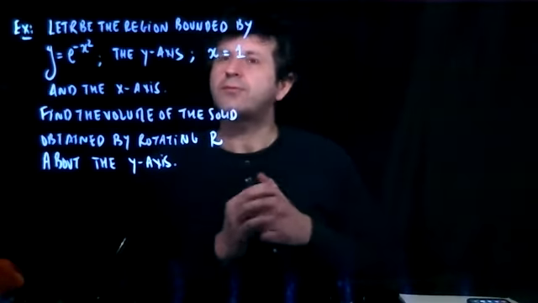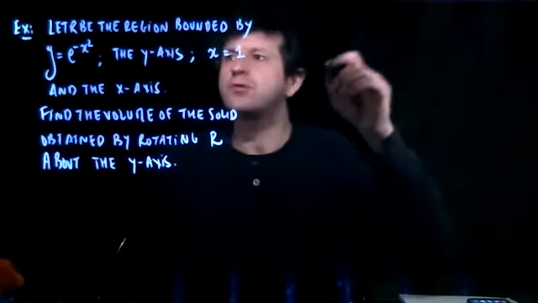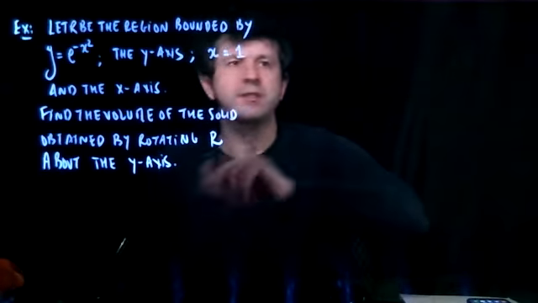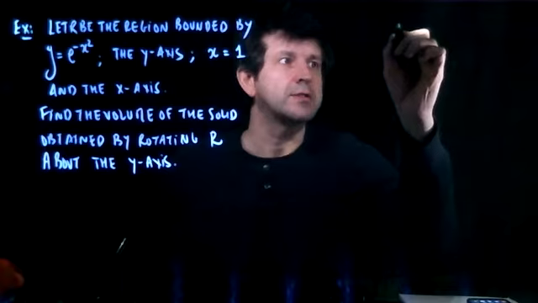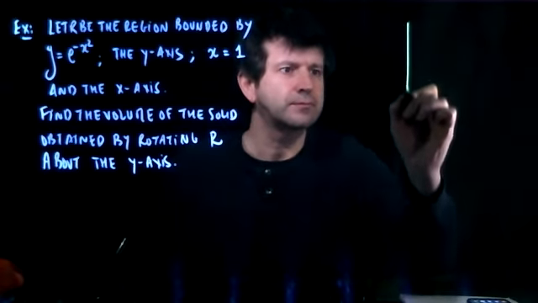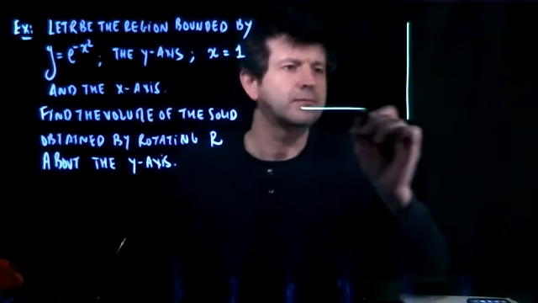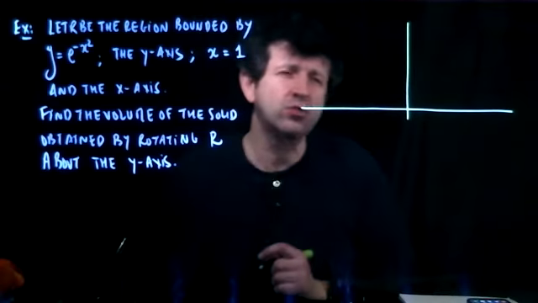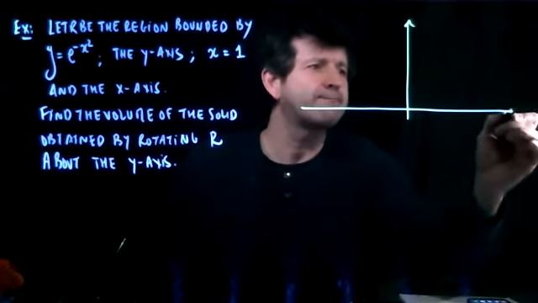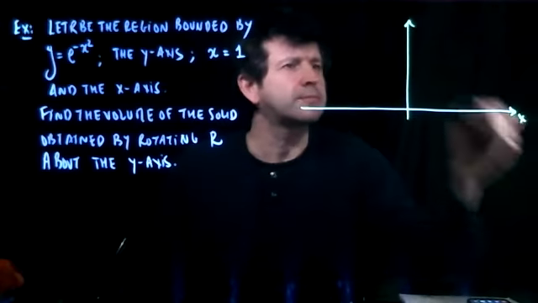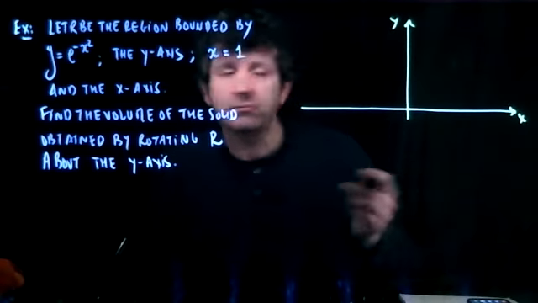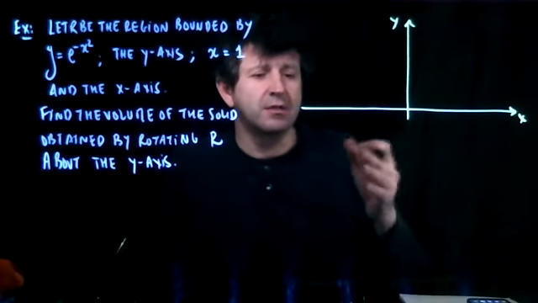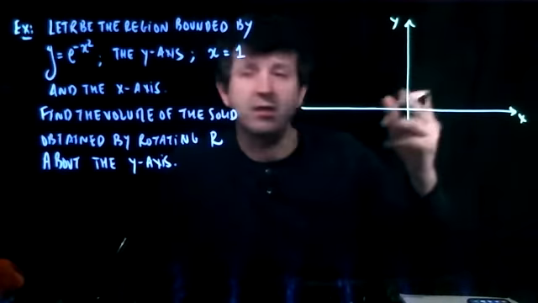Okay, so let's draw the graph. So we're rotating around the y-axis. So I'm going to draw it like this. Okay, so this function, e to the negative x squared, how do I draw this? I don't know how to draw it, but when I don't know how to draw a function, I just go with the limit cases and see if I could find some key points, okay?